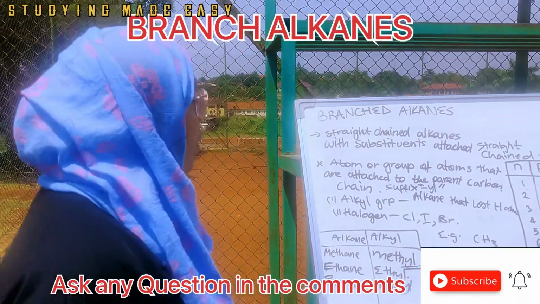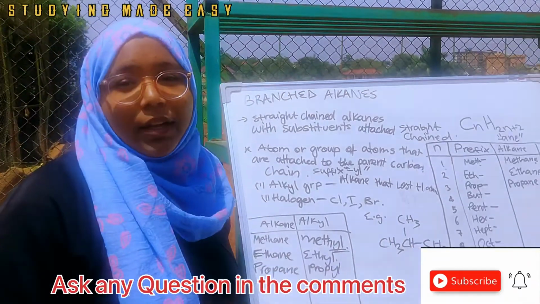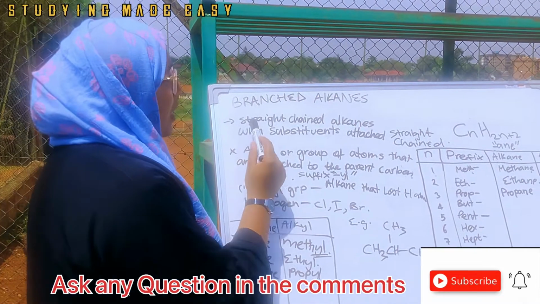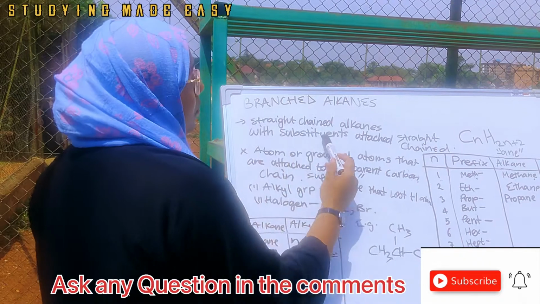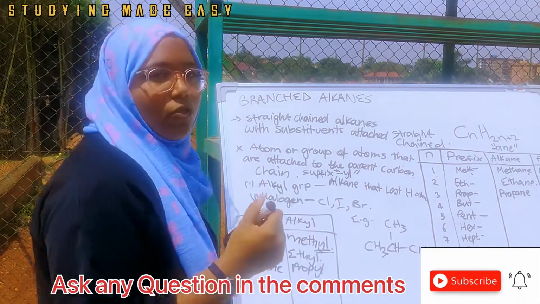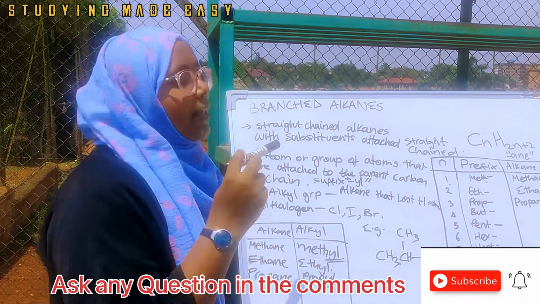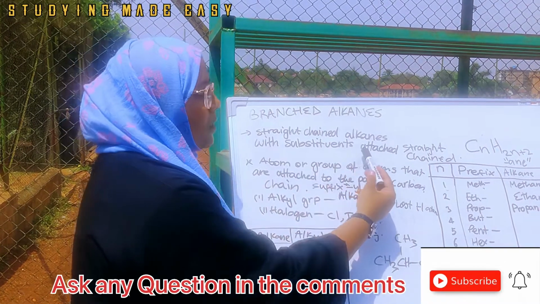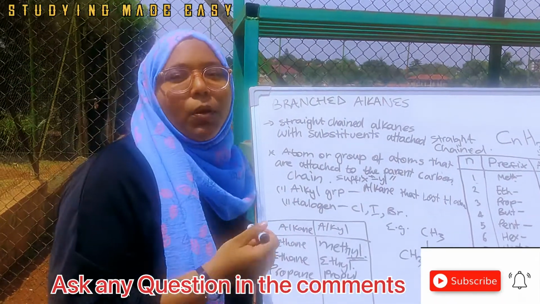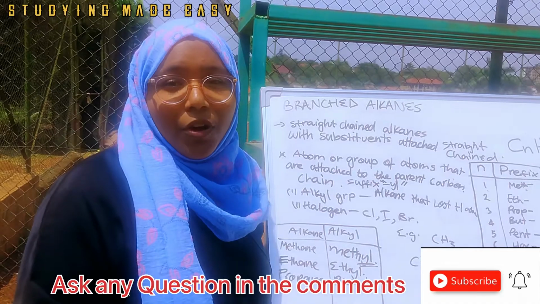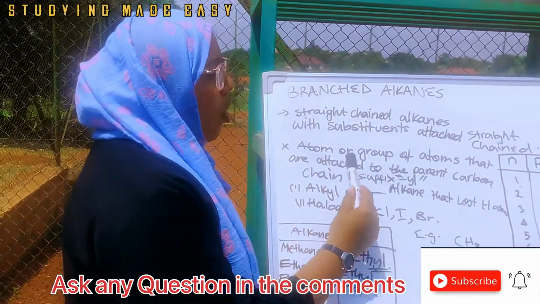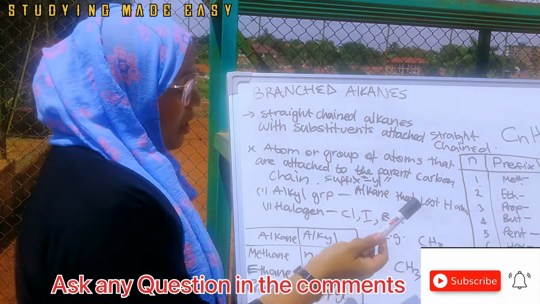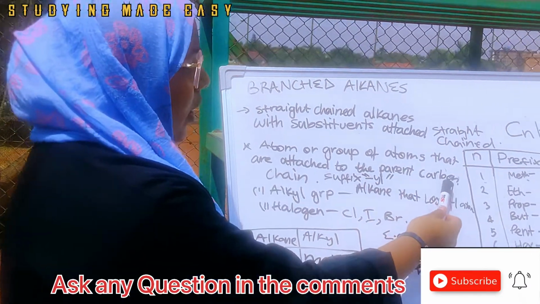Okay, so one thing you need to know, what are branched alkanes? Branched alkanes are straight chained alkanes, these ones, with a substituent group attached to them. But what is a substituent group? Right? So a substituent group can be an atom or a group of atoms that are attached to the parent chain.